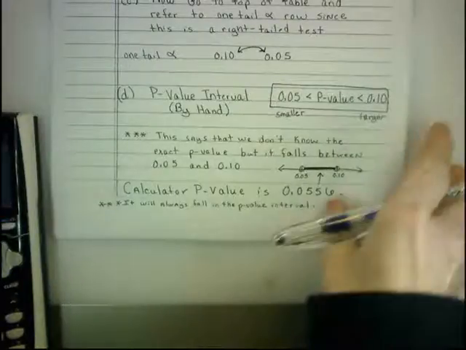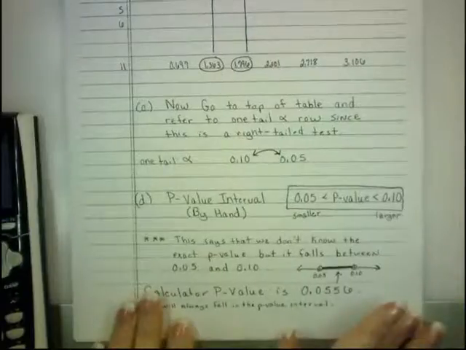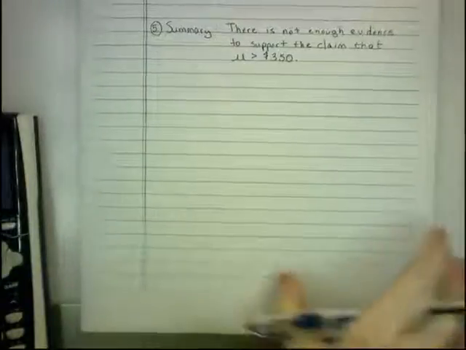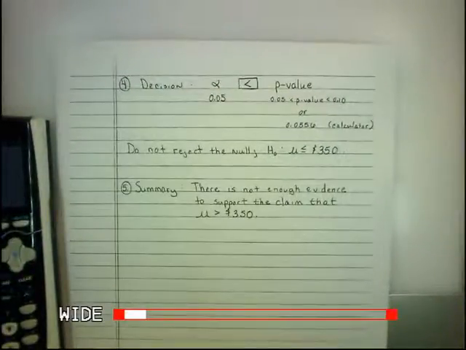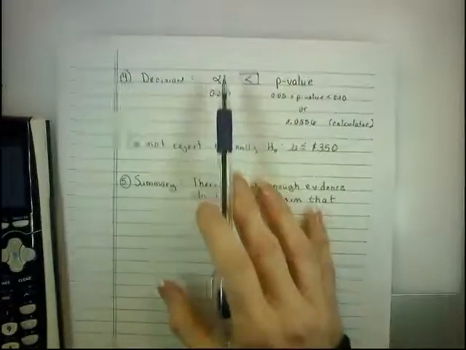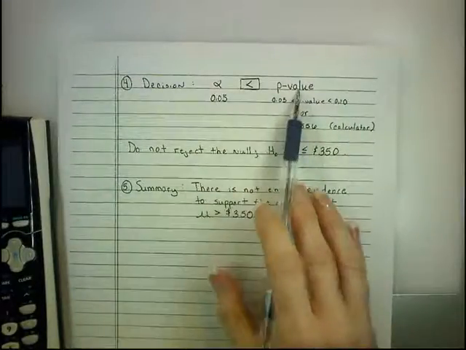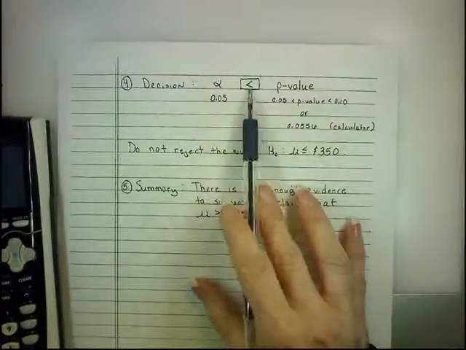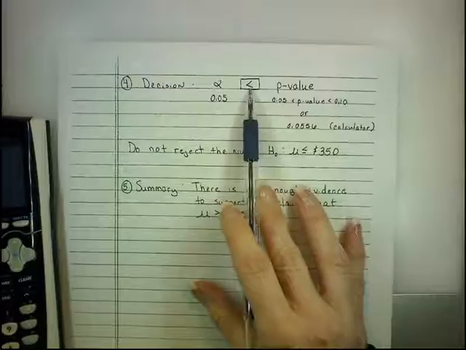So next step would be your comparison. Now, I personally love using the calculator p-value to make the comparison because it does make it a lot easier. But remember, alpha open box p-value, put your symbol here. You have two choices, either put greater than or equal to in this box or strictly less than.